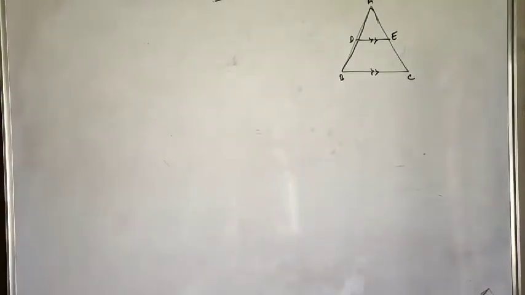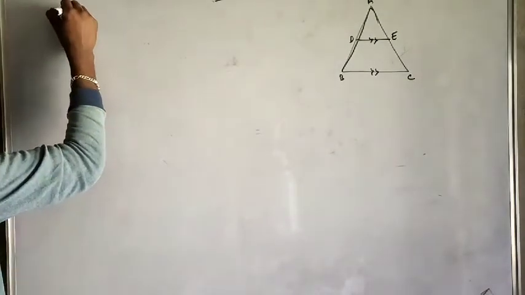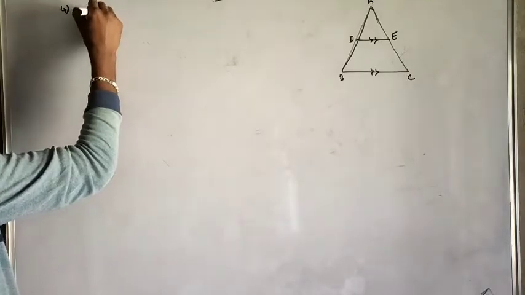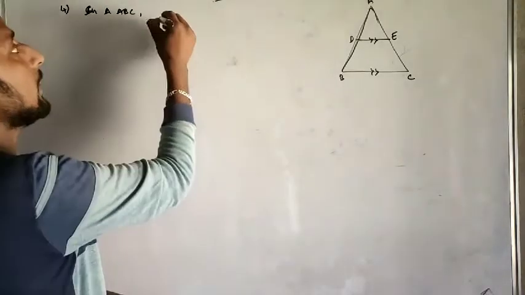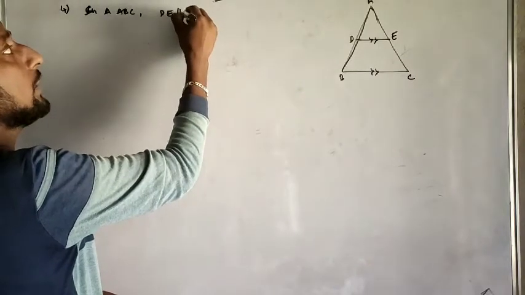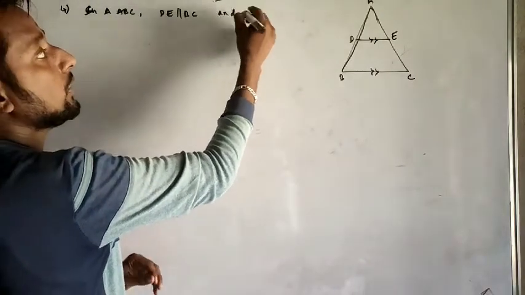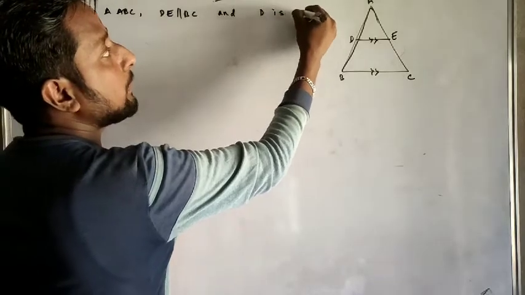In the given question, in triangle ABC, it is given that DE is parallel to BC, and one more thing, D is a midpoint.